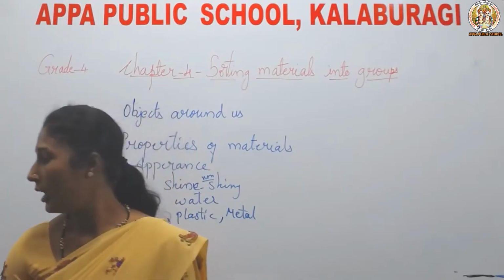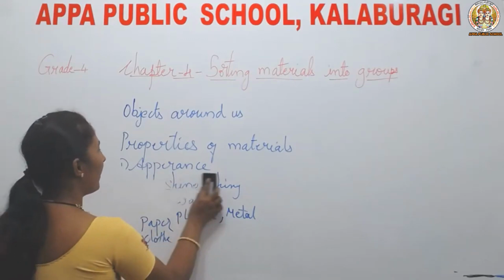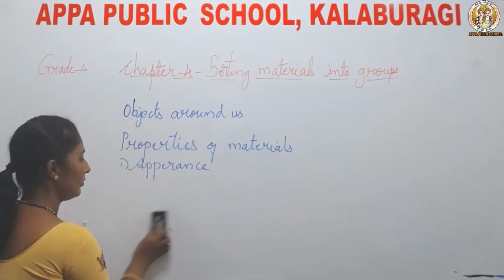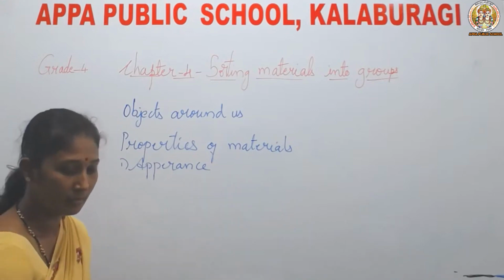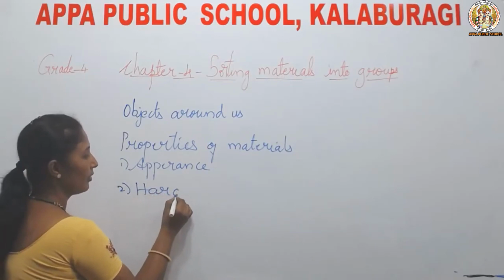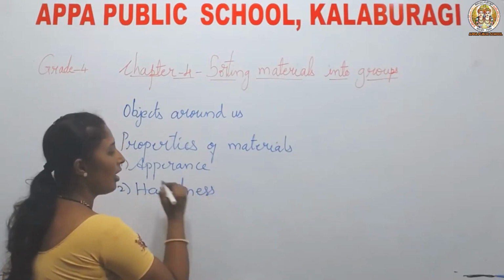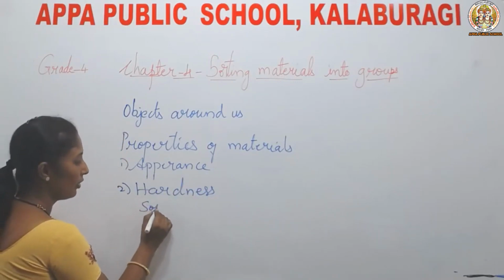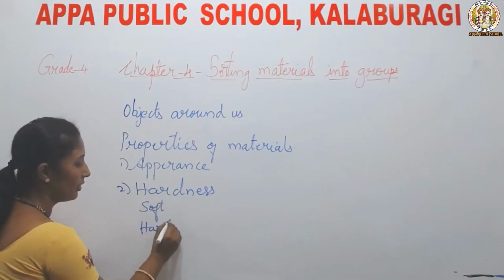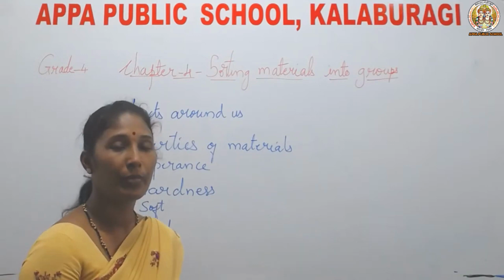We also learned the second property, hardness. Hardness has two things, soft and hard. Soft objects are those that can be easily compressed or pressed.